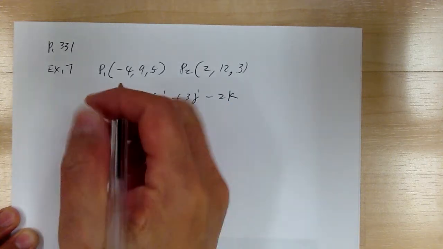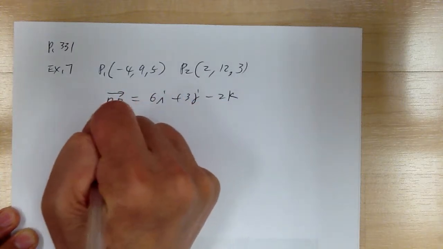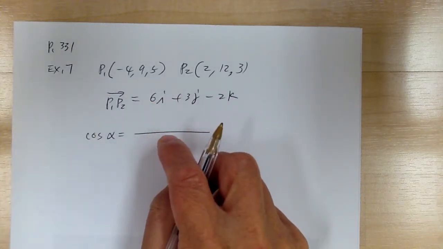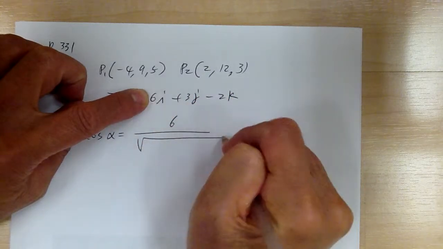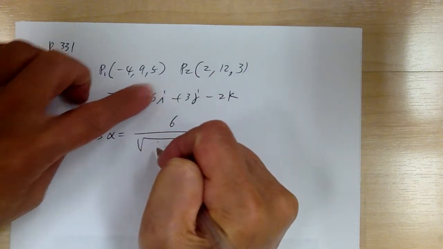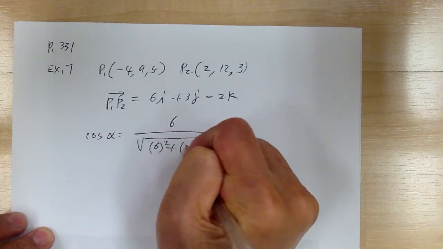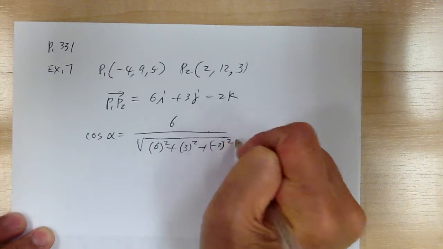Okay. So let's go and do the cosine alpha. Cosine alpha would be equal to the direction number, which is 6, divided by the length, using the Pythagorean theorem: 6 squared plus 3 squared plus negative 2 squared.